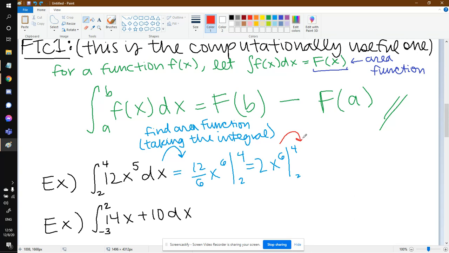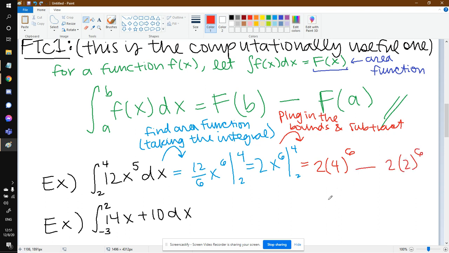And then the next step is plug in the bounds and subtract. So here, I'm going to plug in 4 to my area function. I'm going to plug in 2 to my area function, and I'm going to subtract those numbers.